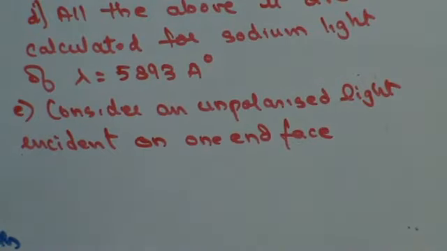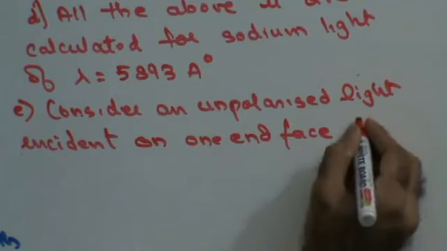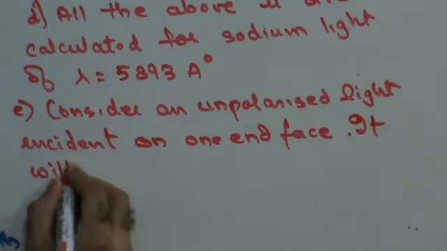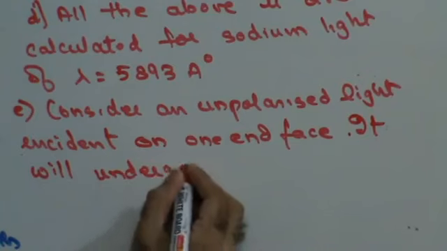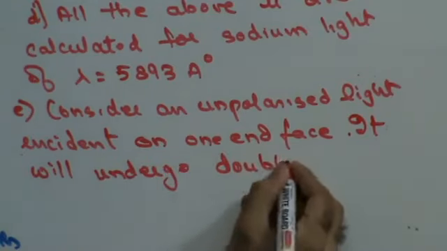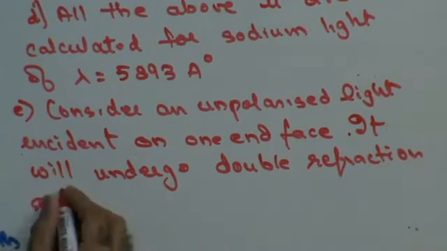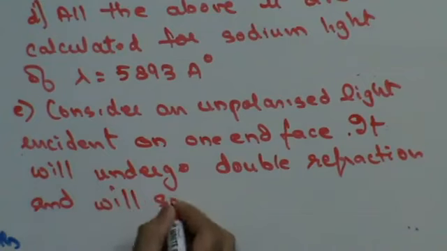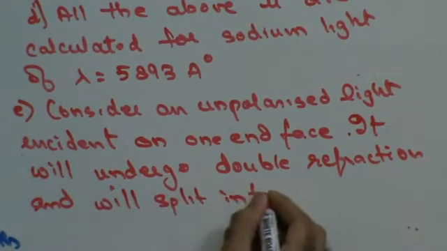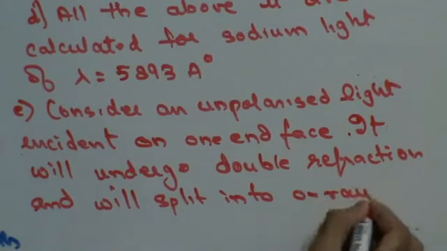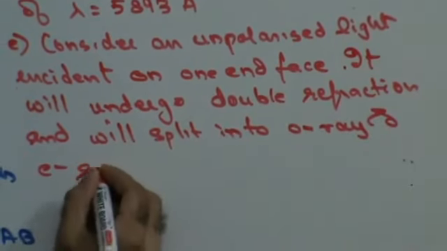Now, one end face of the Nicol prism, right? It will undergo double refraction and will split into ordinary ray and extraordinary ray.